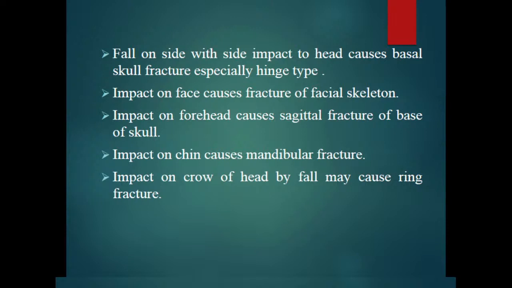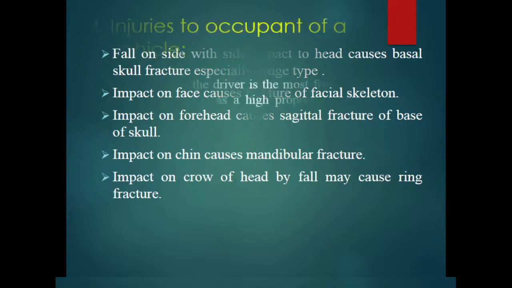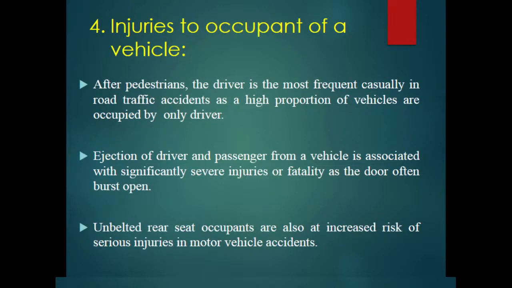Impact on the forehead causes sagittal fracture of the base. Impact on the chin causes mandibular fracture and also fractures of the cervical part of the vertebral column. Impact on the crown of the head by a fall may cause ring fractures. Specific fractures at the base of the skull have high fatality, with severe fatal outcomes.